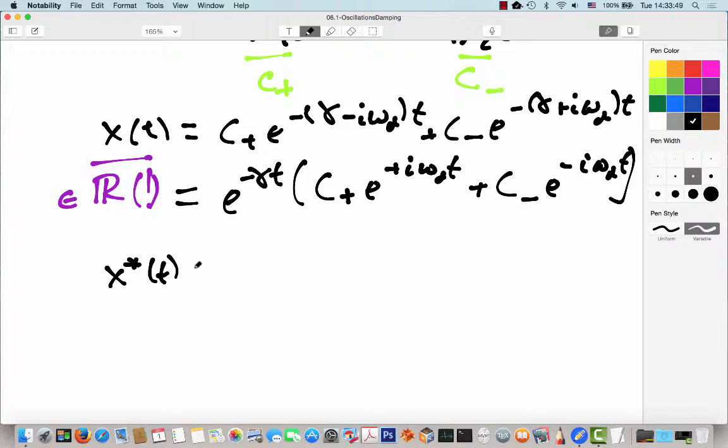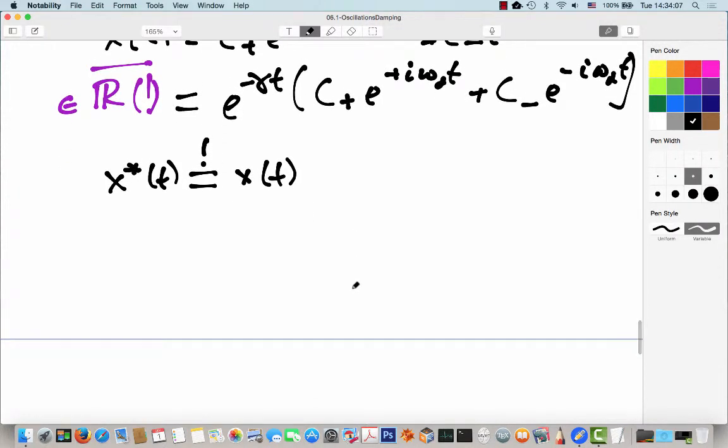If you've had complex variables in math class, they write it as x bar. The physics and the math community have never agreed on that notation. Physicists always call it x star. So we're going to demand that the complex conjugate of x of t be equal to x of t. The only way that can happen is if it's real.